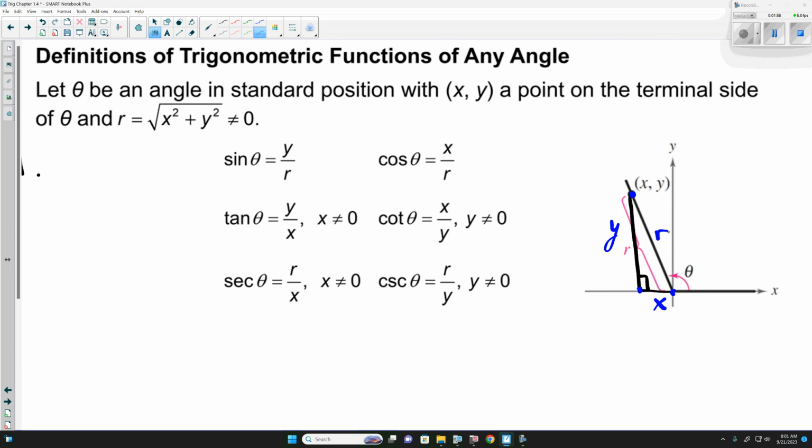So our a squared part is x squared, plus our b squared part is y squared, is equal to the radius squared. If I square root both sides, we get the radius equal to the square root of x squared plus y squared. We don't put the plus or minus because we're talking about a distance, a length, and a distance is always going to be positive. So that's where we get r is equal to the square root of x squared plus y squared.